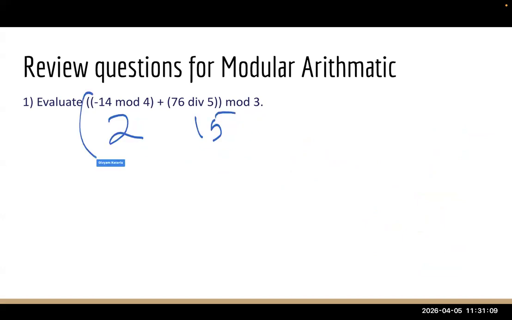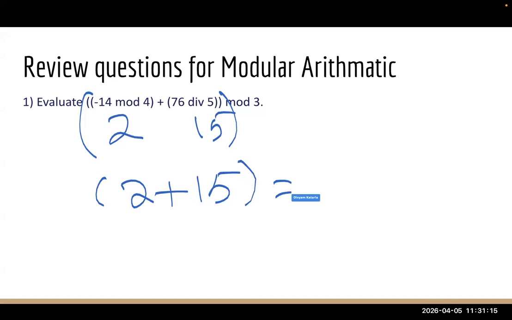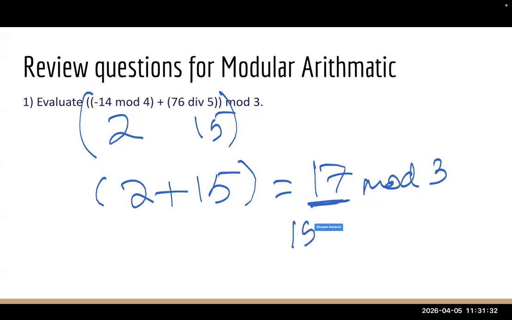So now this is in parentheses. What's 2 plus 15? 2 plus 15 is 17. Now 17 mod 3. What is the closest multiple of 3 next to 17? Since we always want a positive remainder, we're going to select 15.